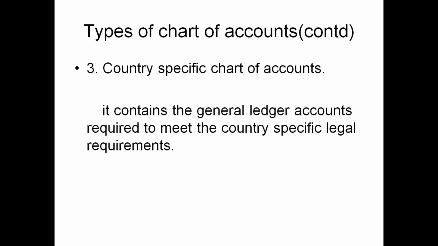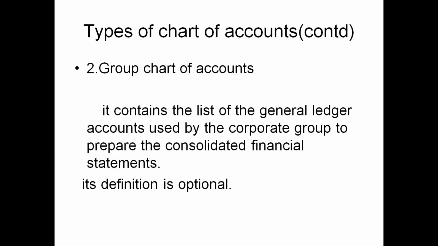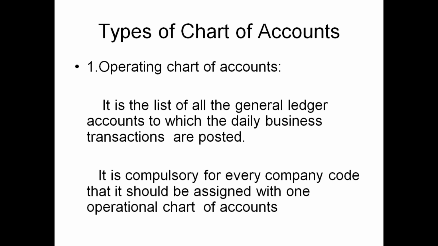Now what's the difference between the operating and group chart of account? The operating chart of account is a list of all the general accounts to which the daily business transactions are posted, and it is compulsory for every company code. Every company code should be assigned one operating chart of account.